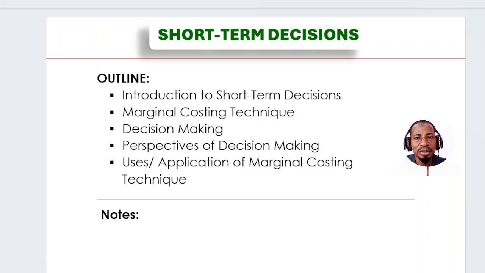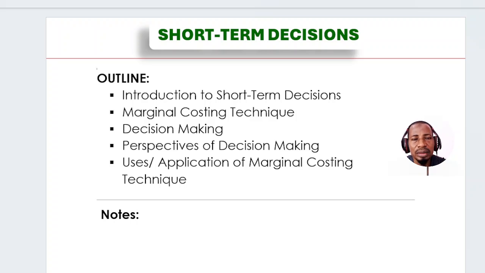So far, so good. We have completed operating statements. We have also discussed relevant costing principle. So in today's class, we are going to be dissecting short-term decisions. During the course of this class, we are going to discuss the meaning of short-term decisions.